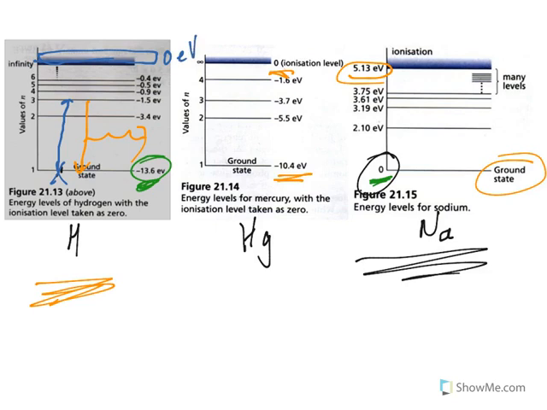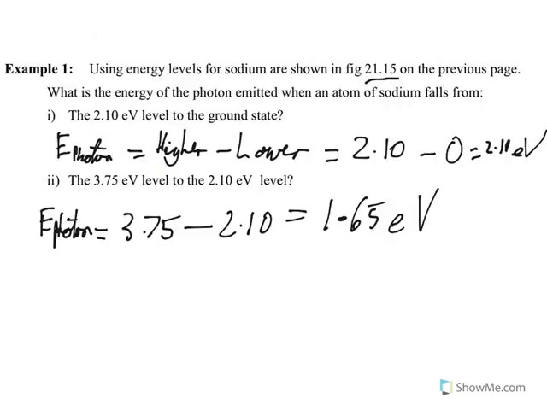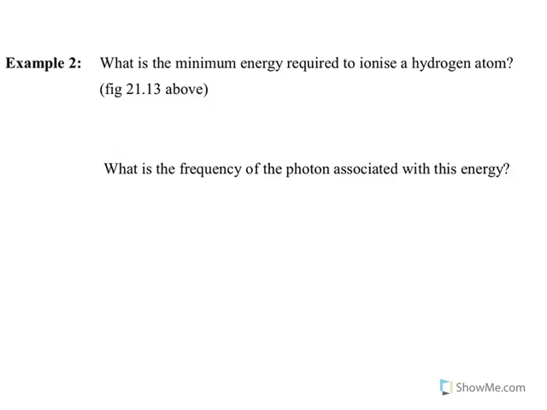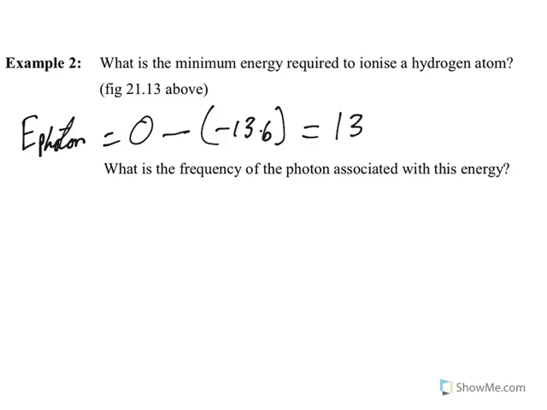So that's the higher level. The lower level is this one here, negative 13.6 in the way that's done. So the energy of the photon is the higher level, 0, minus the lower level, which was negative 13.6, which then is just 13.6 eV.